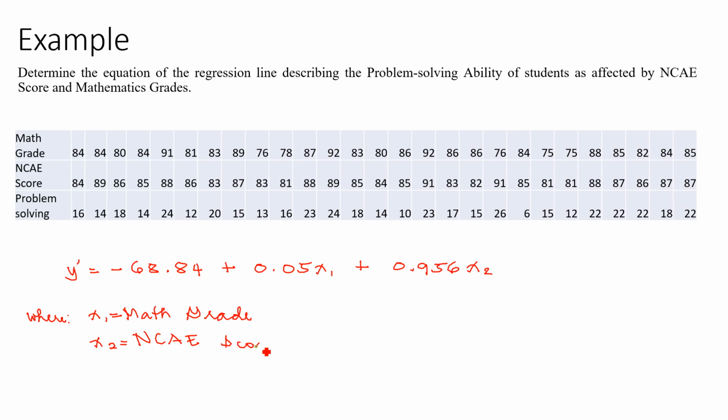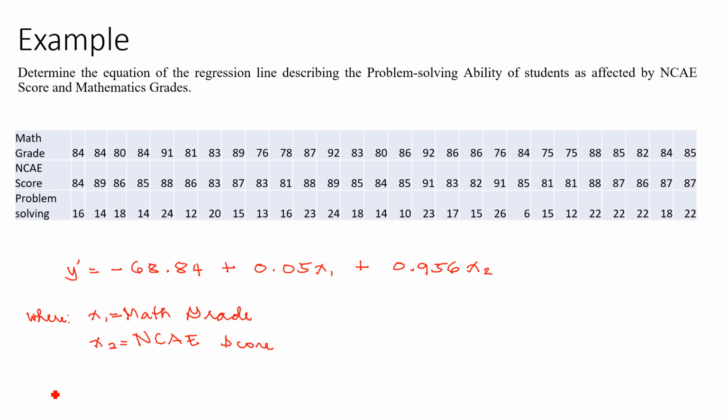So this means that our problem solving increases by 1 unit provided that the mathematics grade is increased by 0.05, while the other factors are held constant.